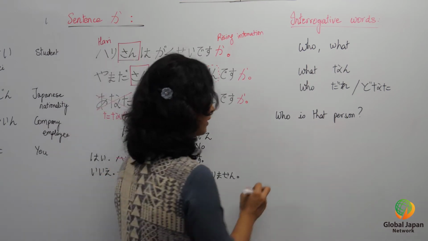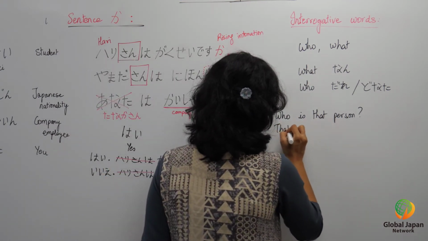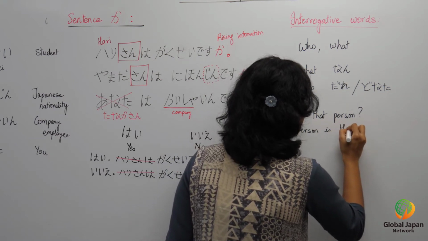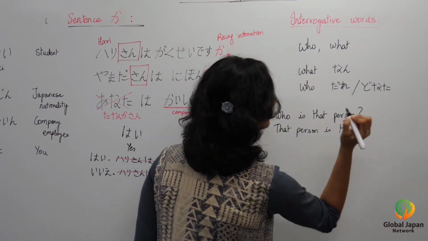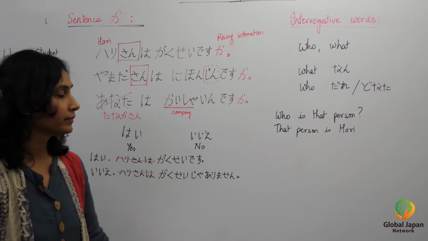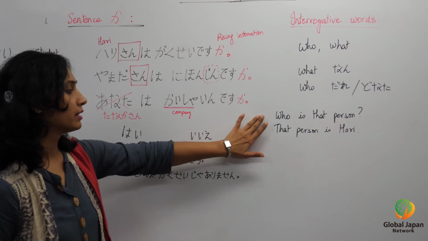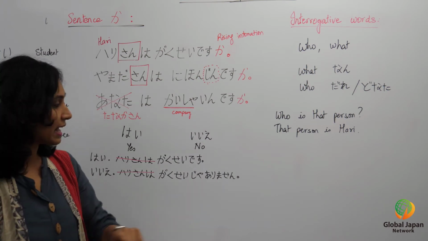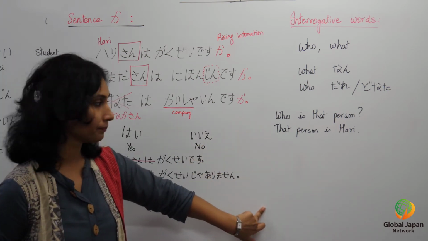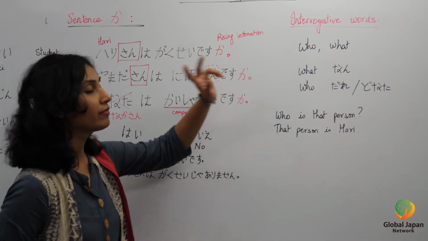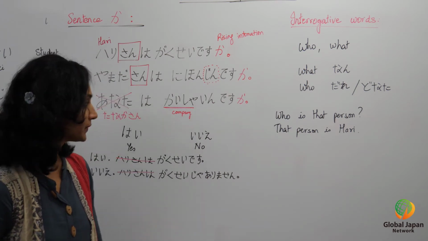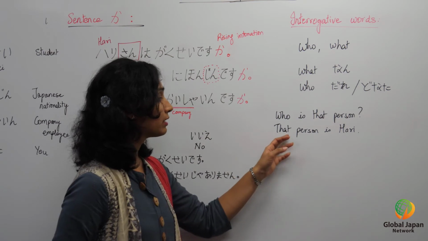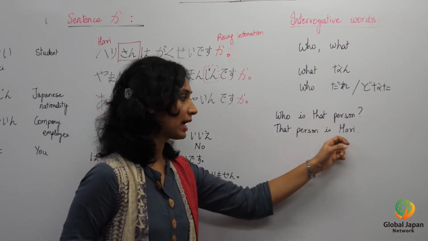And the answer also I'll write down. That person is Hari. Let's frame this in Japanese. First, I'll frame the statement, that is the answer, and then we will try framing the question. Because you don't know so much Japanese vocabulary, I'll be giving the respective vocabulary.